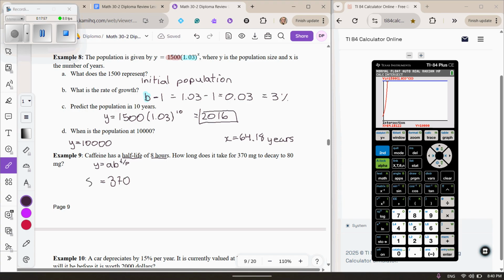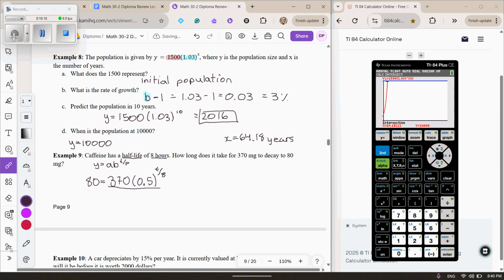I know my final value is 80. I know my b value is 0.5 since it is a half-life question. And I know that I'm looking for time and my period is 8 hours. So this one I will solve algebraically.